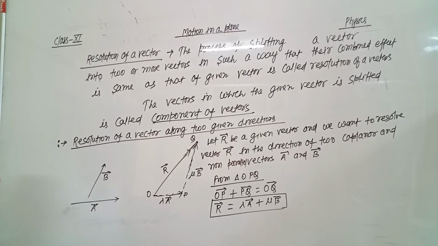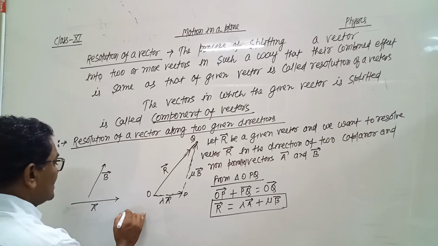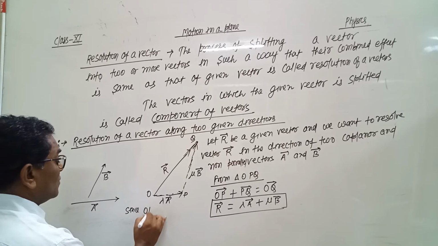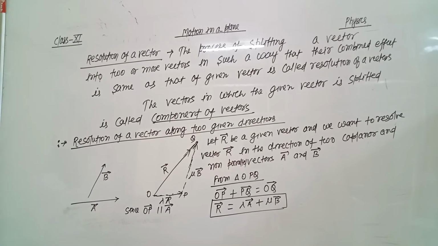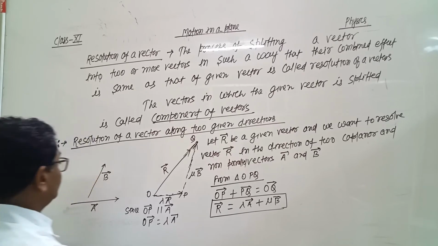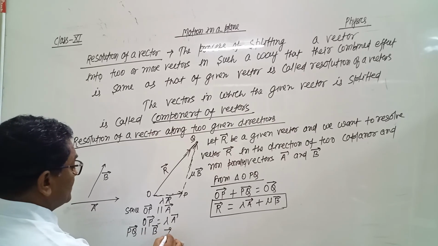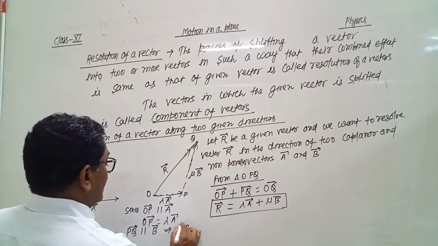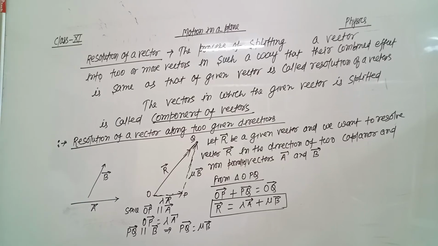Since this line is parallel to OP, vector A is parallel to OP, so OP is parallel to vector A, and OP vector can be written as lambda times vector A. Similarly, vector PQ is parallel to vector B, so we can write PQ vector equals mu times vector B. So these are the values of OP vector and PQ vector.